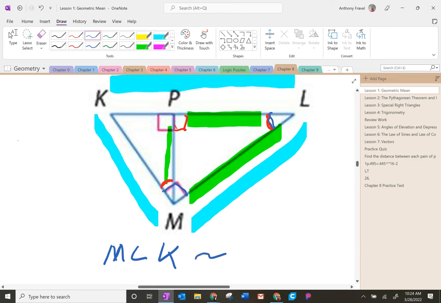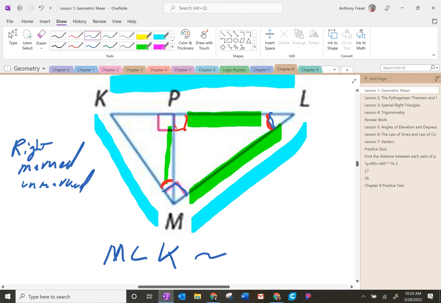I'll just write the steps I'm doing, just showing you the order that I'm going through. For the big triangle MLK, I went from my right angle to my marked angle to my unmarked.